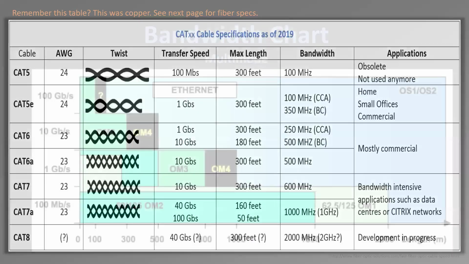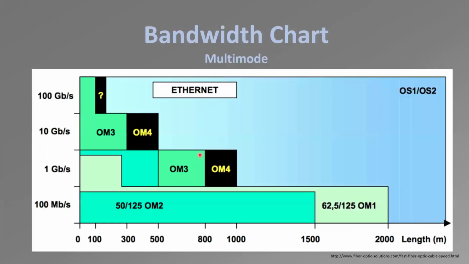All right. Here's the similar table for the fiber optics. How do we read that? Now, here's length, but this is, look, 2,000 or 1,500. That's not feet. That's meters. So from here to here, it's 2,000 meters, which means it's 2 kilometers.